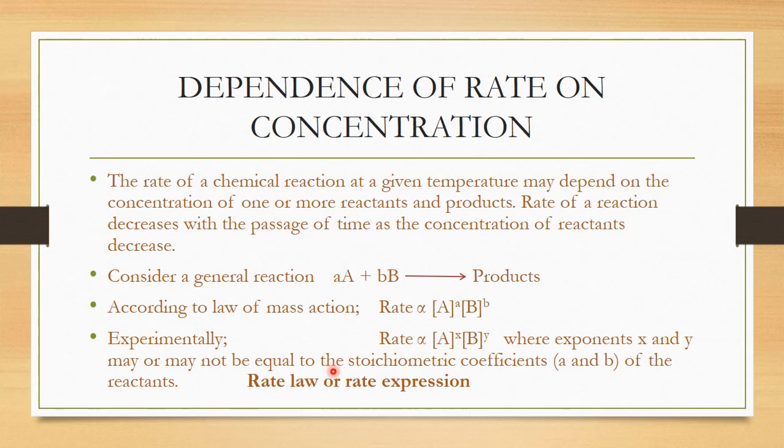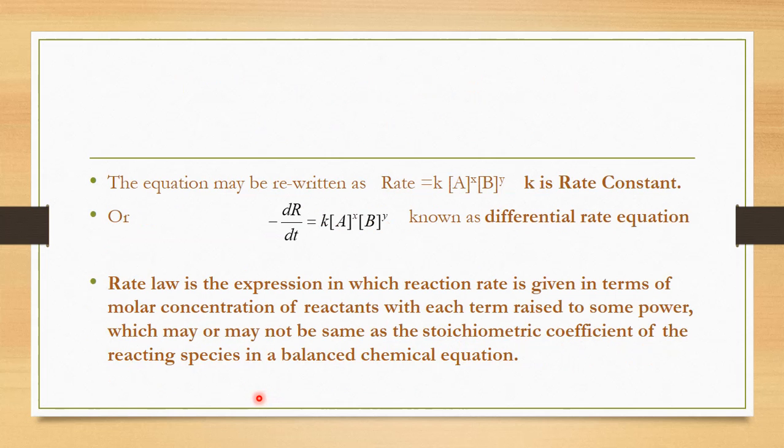This expression is called the rate law or rate expression. The equation may also be rewritten as rate is equal to k [A]^x [B]^y, where the proportionality sign is replaced by k.